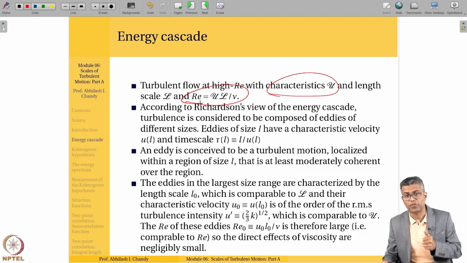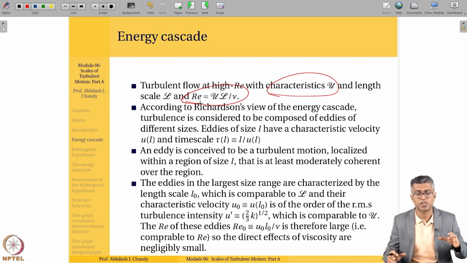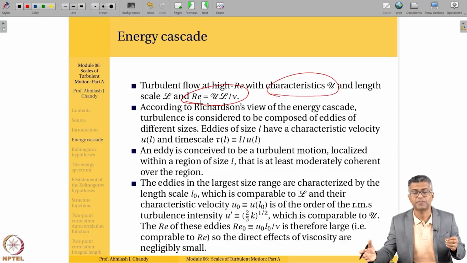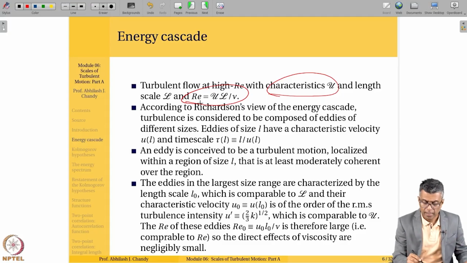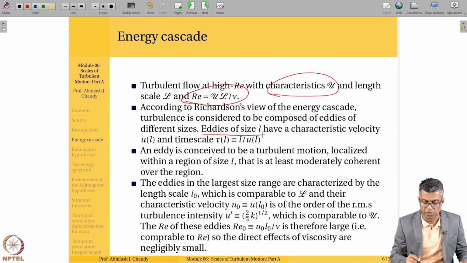According to Richardson's view of the energy cascade, turbulence consists of eddies, right? Motions of different sizes, different length scales, so different eddies of different sizes. And let's put some names here.